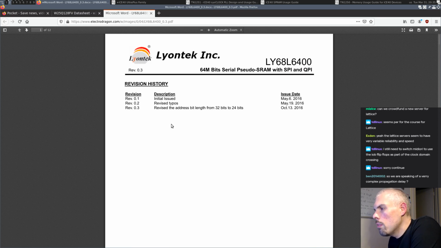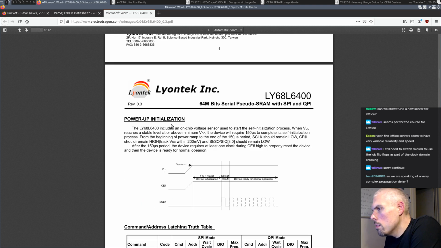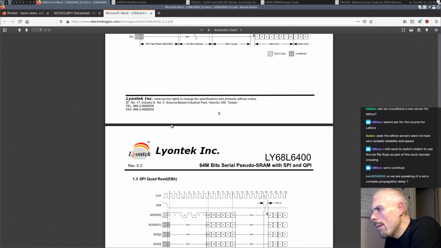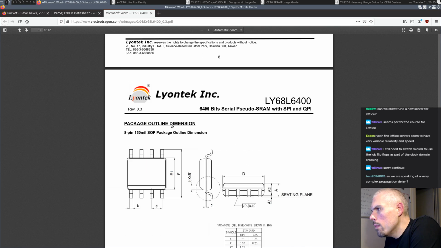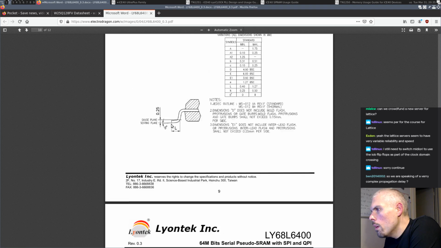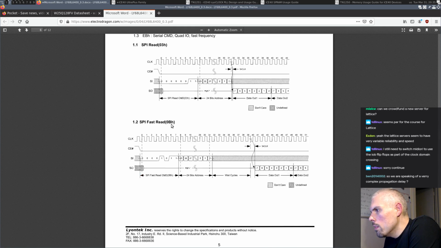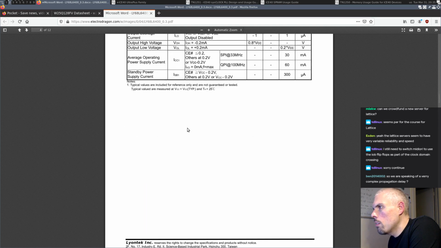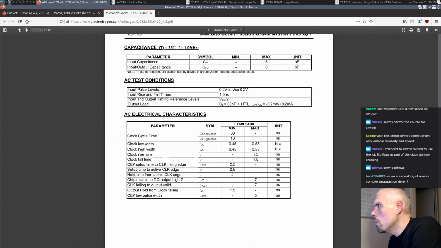Let's try to find the equivalent in this datasheet. Come on, it has to have some timing parameters. Okay, it doesn't have a nice diagram, but it has the actual numbers, so that's good enough.